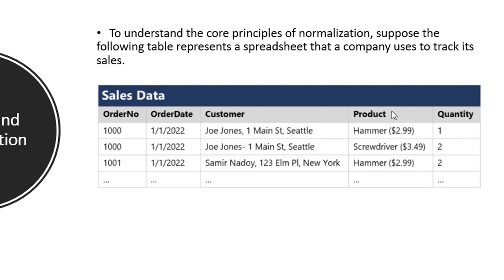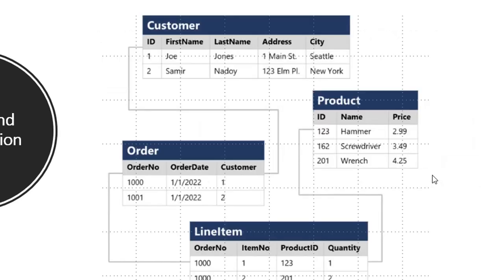The same customer has taken another product, screwdriver, 2 quantity. Right? So with one customer, it's having two products and two entries are coming in this table.